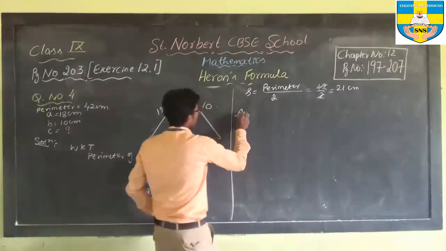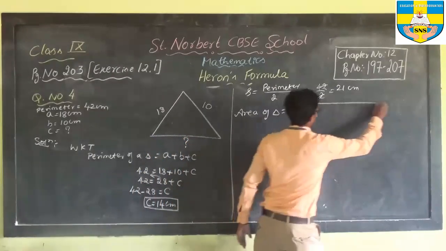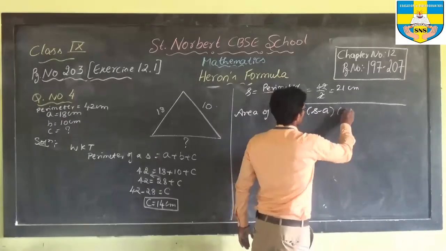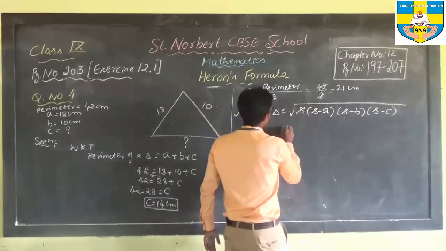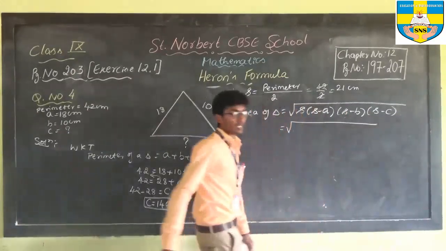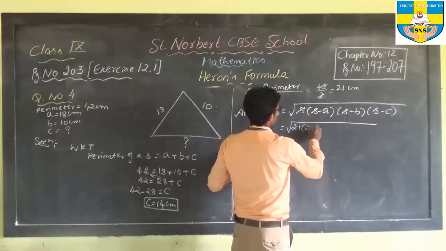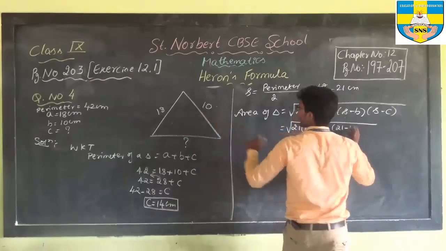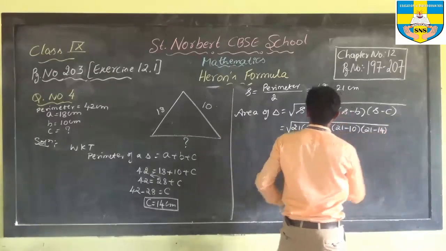Now let us find the answer by using Heron's formula. Area of triangle is equal to square root of s into s minus a, s minus b, s minus c. What is s? s is 21 in this situation. 21 minus 18, 21 minus 10, 21 minus 14.